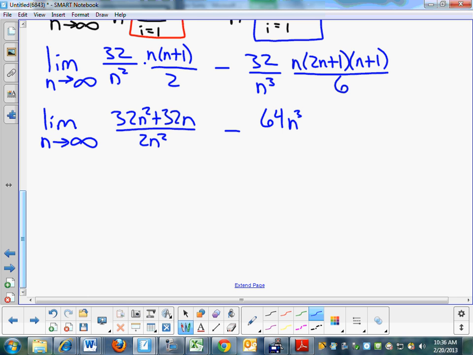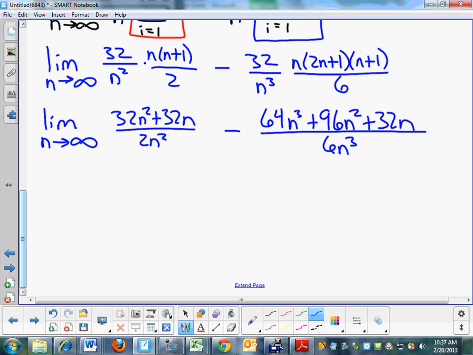Then you're going to have a 2n and a 1n makes 3n, times n is 3n squared, 96n squared. Good. And then you have 1 times 1 is 1, times n is n, all over. Okay.